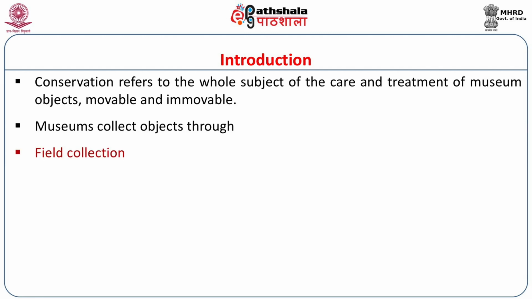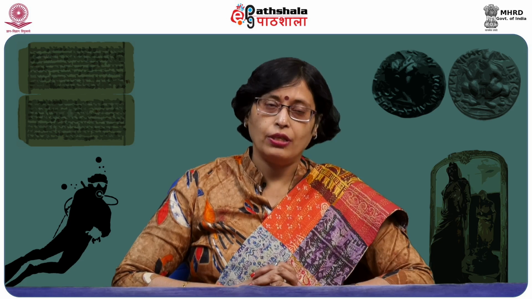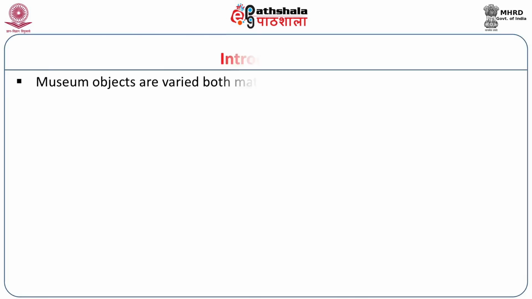Museum collect objects through different modes that are field collection, gifts, purchase, exchanges, treasure trove, confiscation of objects, mainly wildlife related objects, etc. Museum objects are varied both according to the material and also subject wise.